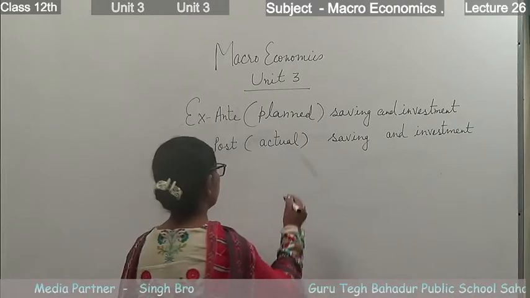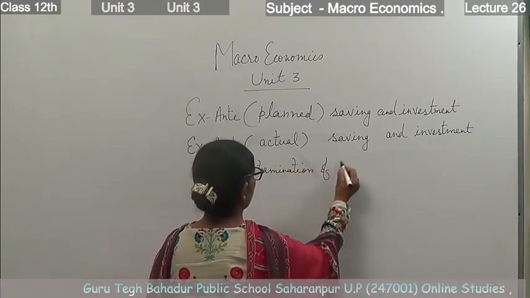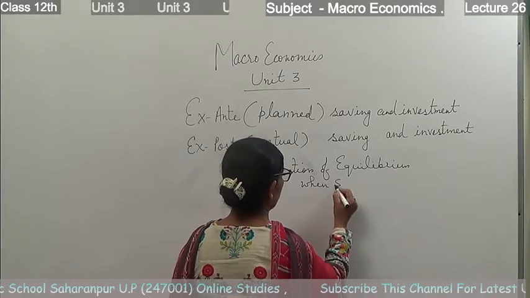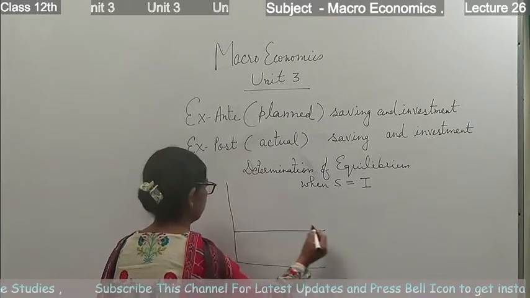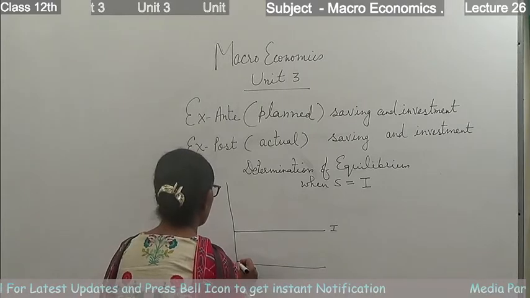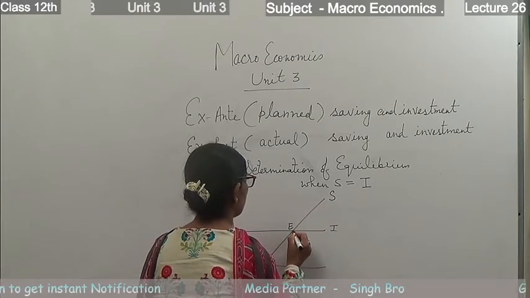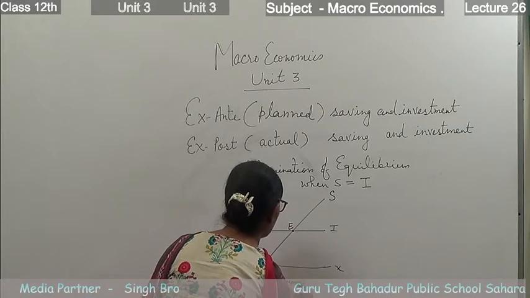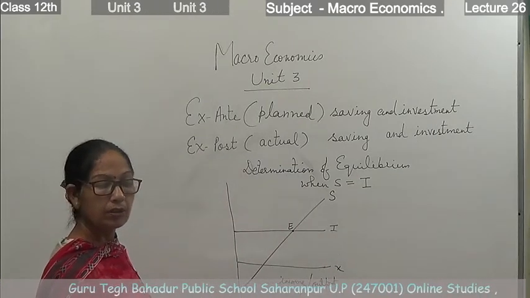Determination of equilibrium when S is equal to I. The investment and saving functions: the saving function starts below the baseline, and equilibrium is struck where S is equal to I. On the x axis we show income or output, and on the y axis we show saving and investment.